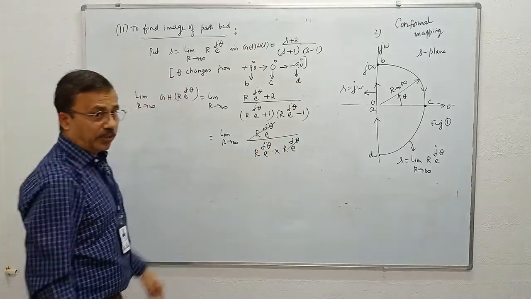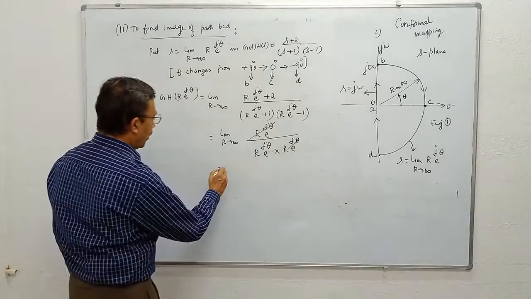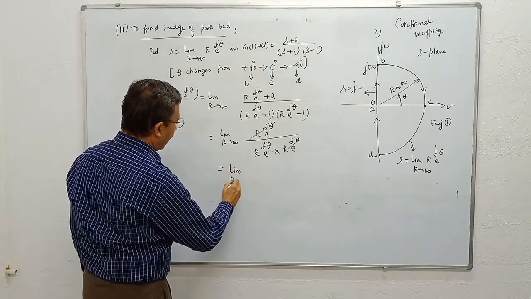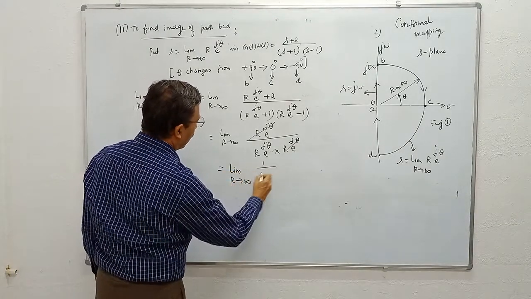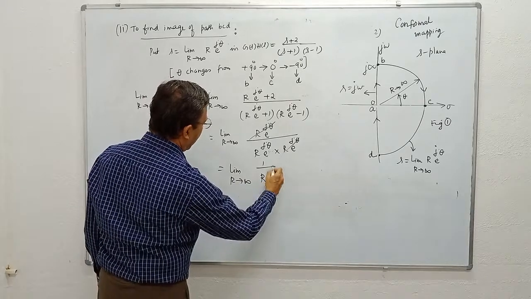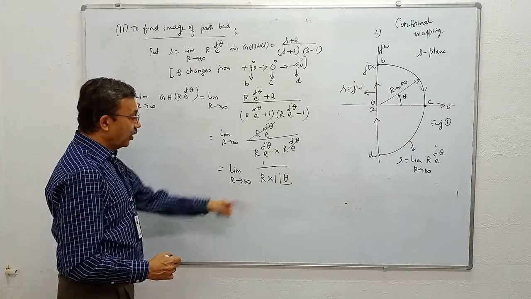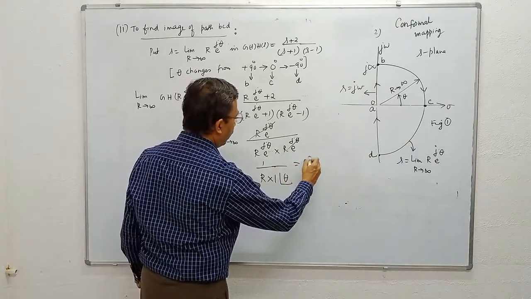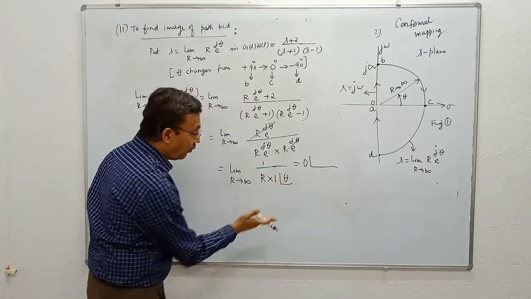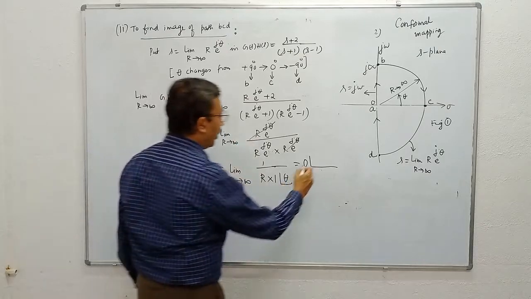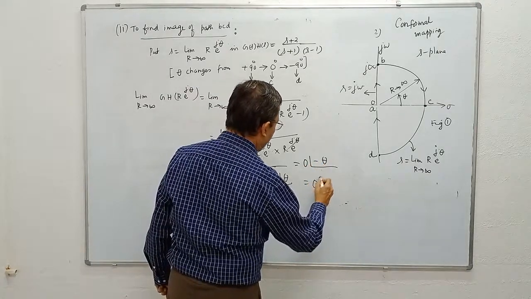One r into e to the power j theta gets cancelled, equals limit r tending to infinity 1 over r into e to the power j theta, meaning magnitude is 1 over r, angle is minus theta. As r tends to infinity, 1 by infinity is 0. When the angle is transferred from denominator to numerator, it becomes minus theta.